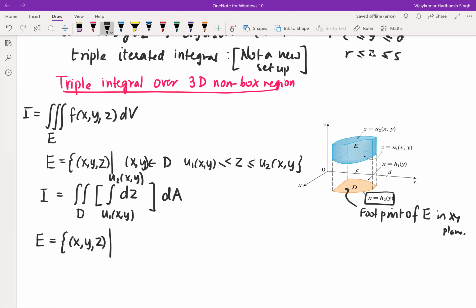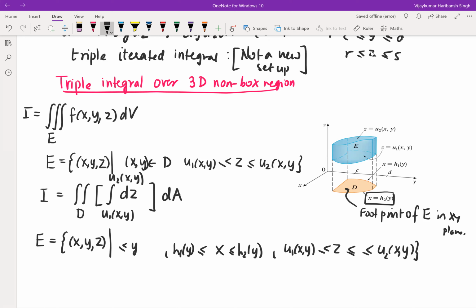So we have z between u1(x, y) to u2(x, y), and x between h1(y) to h2(y), and y between c and d.